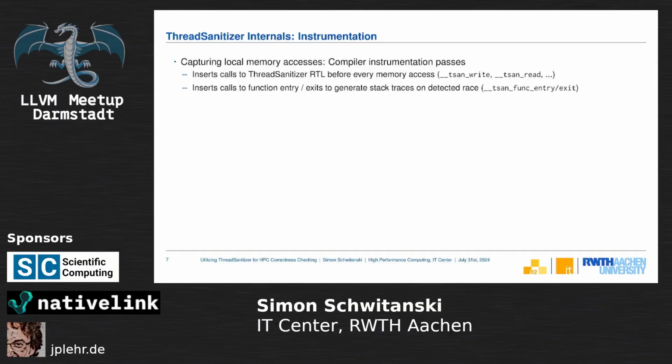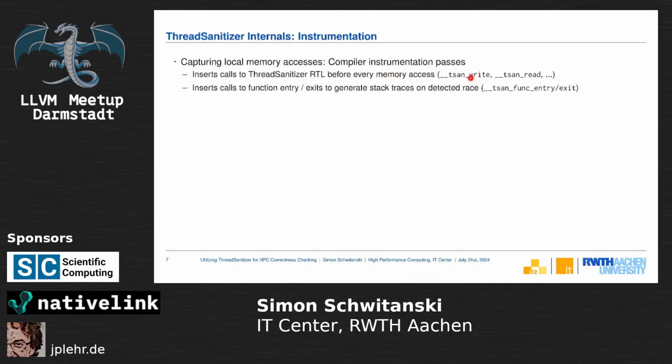Okay, so let's start again with the internals. I already talked about that. What do you need in order to detect data races? You have to understand when the memory access takes place. And for that you can use compiler instrumentation. What is done with ThreadSanitizer is you take the LLVM IR and insert calls to the ThreadSanitizer runtime library.